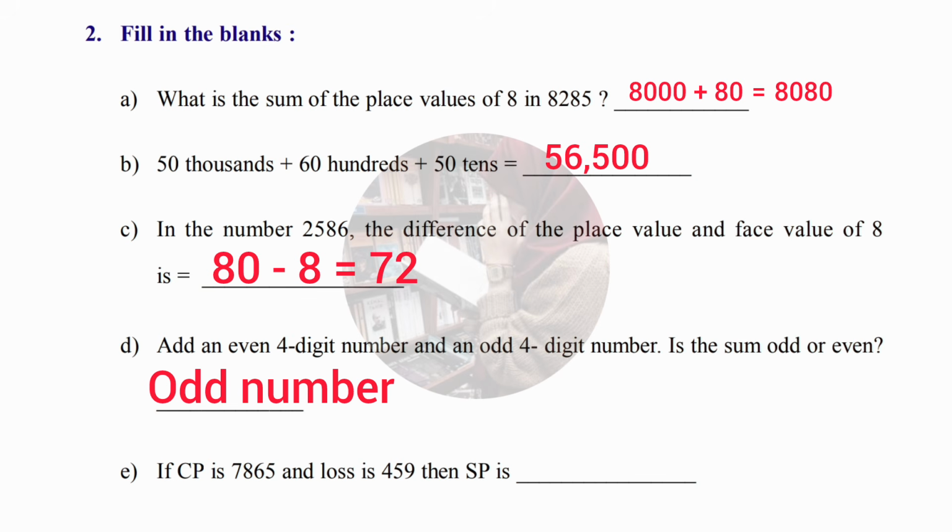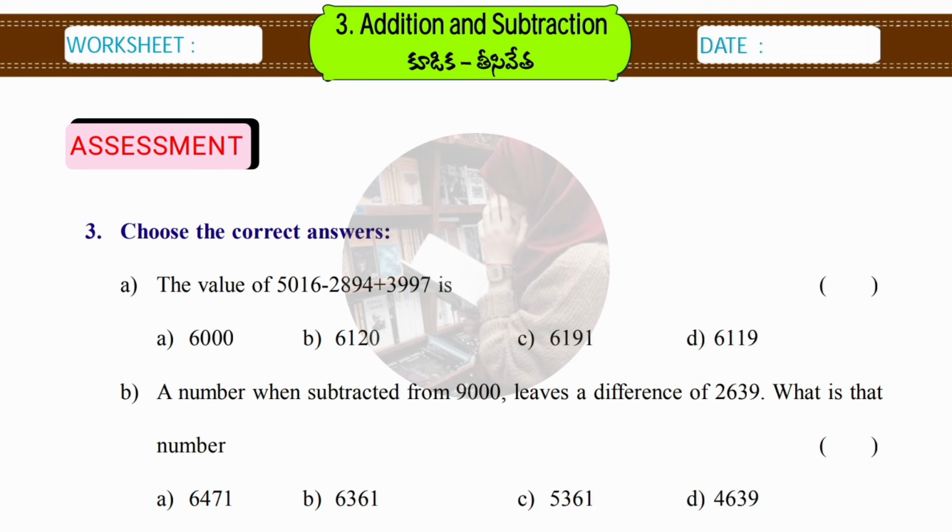So we know the SP formula is CP minus loss, right? Let's do this. SP is equal to 7865 minus 459 is equal to 7406. This is your SP. Okay guys, let's move on to the next third one, which is choose the correct answers.